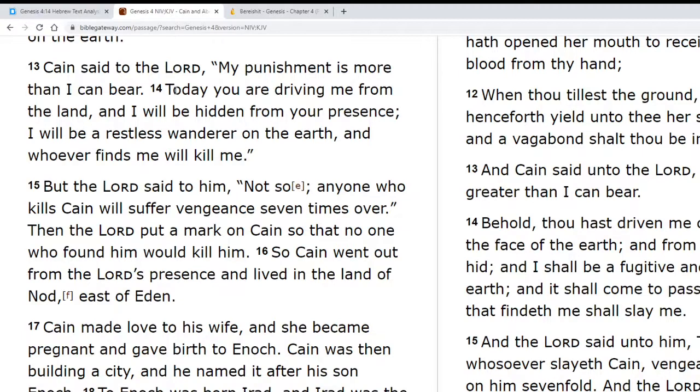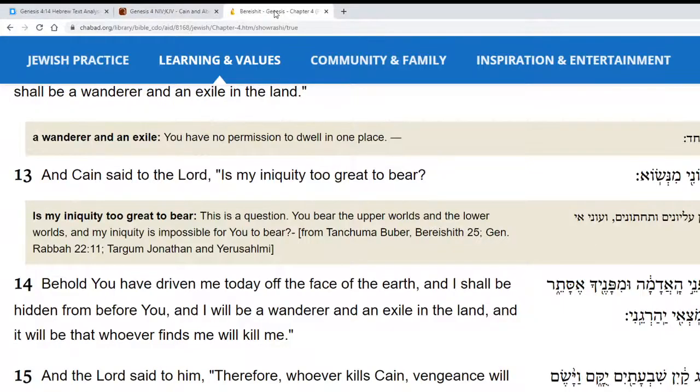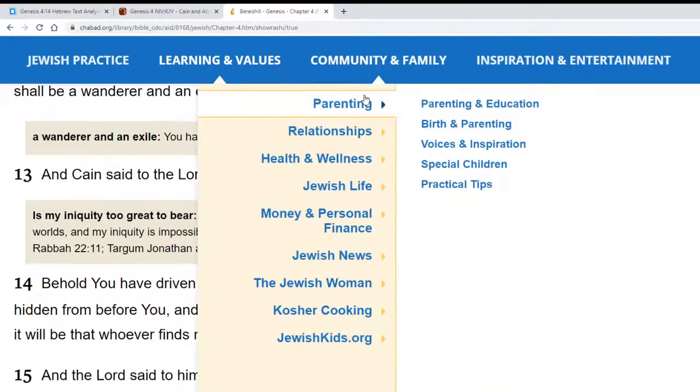Today you are driving me from the land, and I will be hidden from your presence. I will be a restless wanderer on the earth, and whoever finds me will kill me. Chabad: behold, you have driven me today off the face of the earth, and I shall be hidden from before you. And I will be a wanderer and an exile, and it will be that whoever finds me will kill me. Yeah, I like the Chabad.